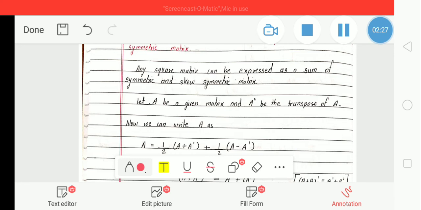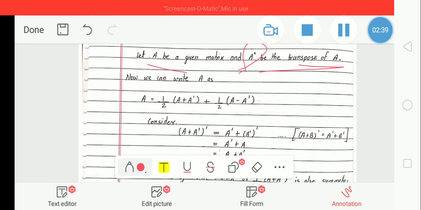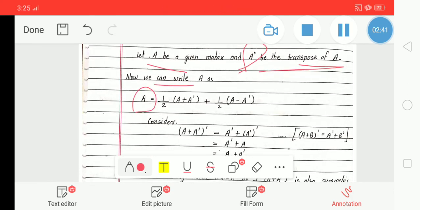Let A be a given matrix and A dash be the transpose of A. We can write A equal to half of (A plus A dash) plus 1 upon 2 (A minus A dash).